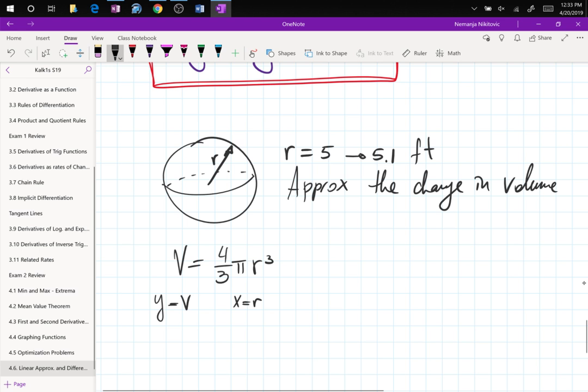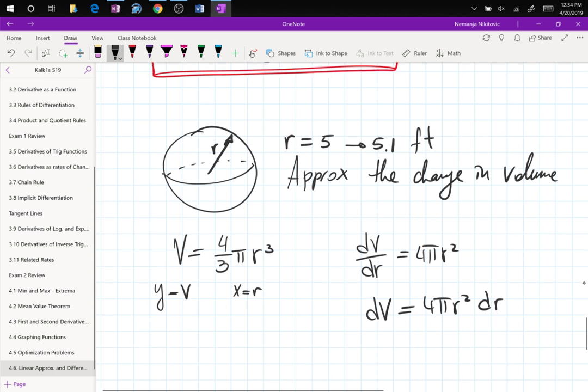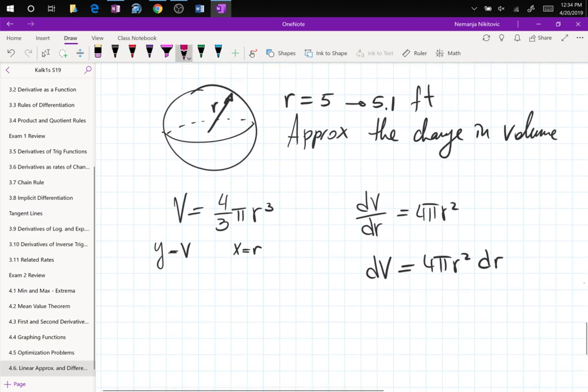So now, dV/dr is equal to 4 pi r squared, from where dV is equal to 4 pi r squared dr. This equation here is your differential.